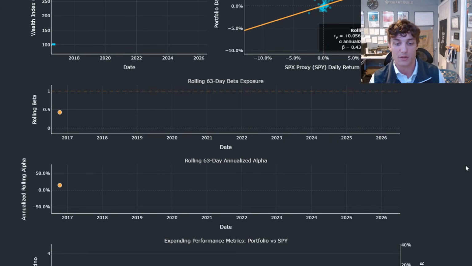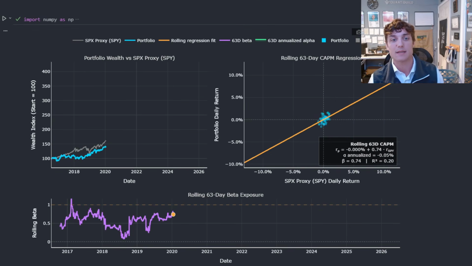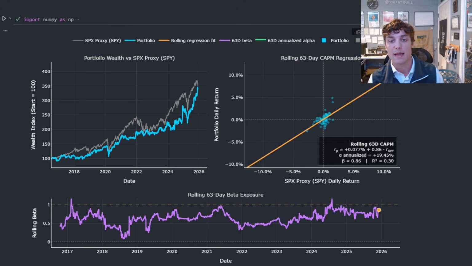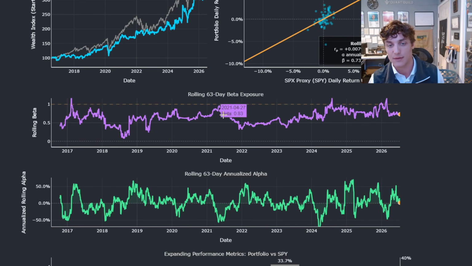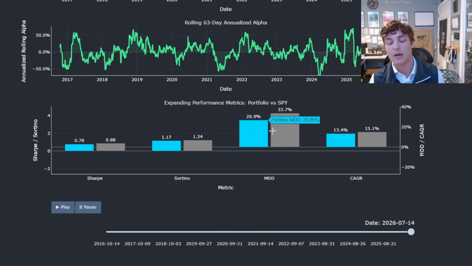And you're going to get a whole bunch of information. So what I'm going to do is play this animation, and we're going to see our regression changing over time. This is going to be our portfolio alpha and beta throughout different points in time over the last 10 years. You're going to see the rolling 63-day beta exposure, the rolling 63-day annualized alpha, and our portfolio metrics relative to the SPY ETF over time.